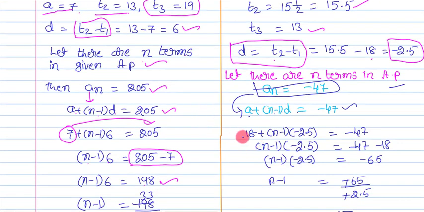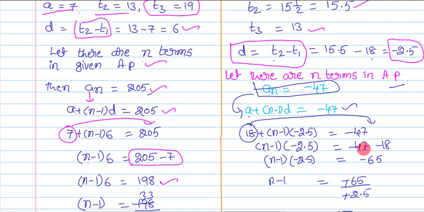So on substituting this, 18 plus (n minus 1) into (minus 2.5) is equal to minus 47, and transposing this positive 18 to the other side of the equation, it becomes negative. So (n minus 1) into (minus 2.5) is equal to minus 47 minus 18.